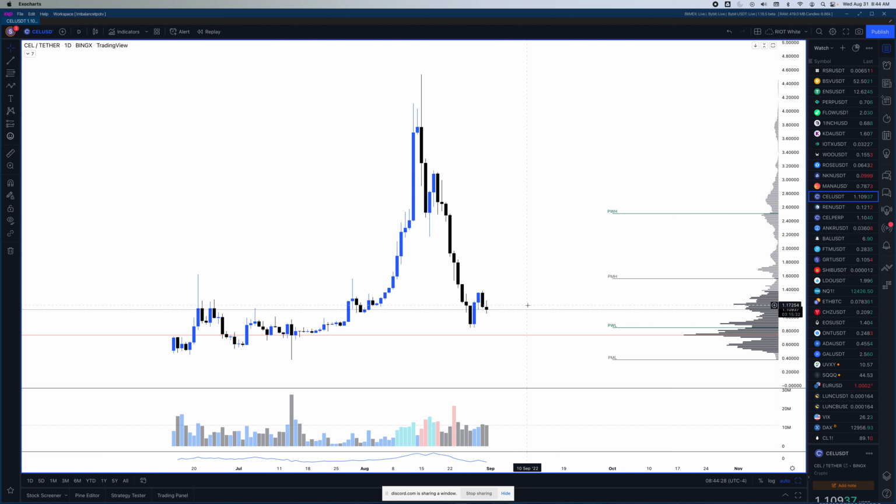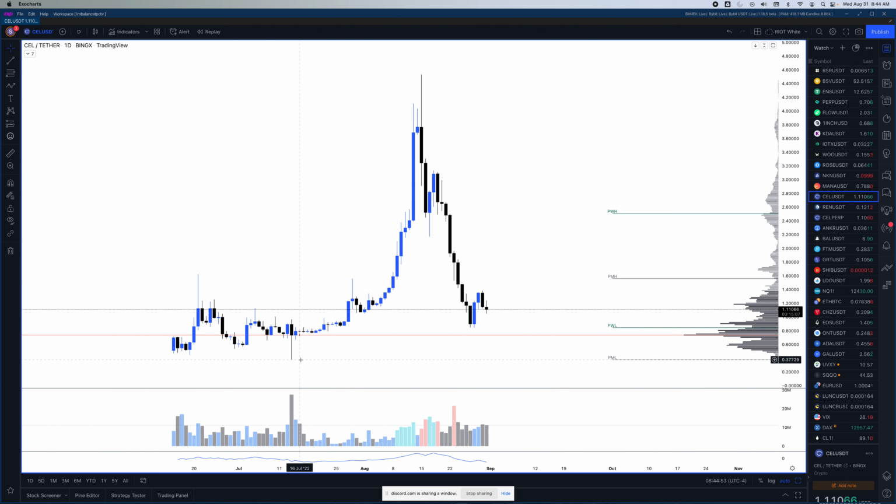you can clearly see there's a huge daily level here. There's a daily level here. You've got this prior weekly low, the prior monthly high, the prior monthly low. This to me screams swing failure pattern.